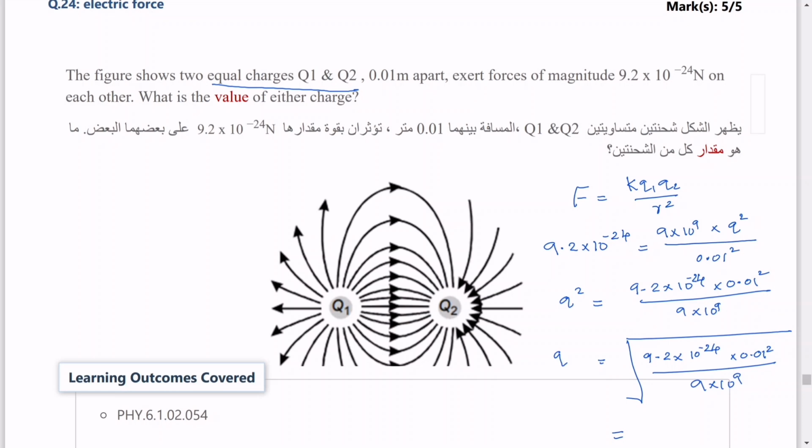Square root of 9.2 times 10 to the power negative 24 times 0.01 squared over 9 times 10 to the power 9 equals 3.2 times 10 to the power negative 19 coulomb.